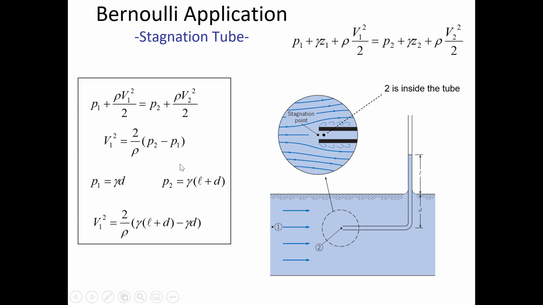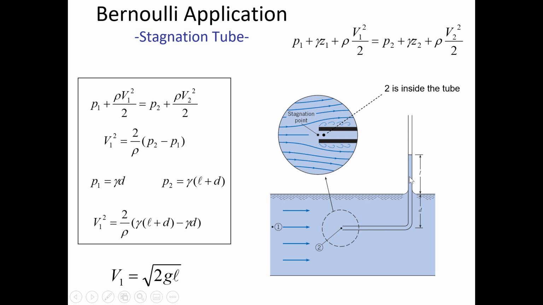So we substitute in our known pressure at 1, our known pressure at 2, and then cancel out like terms. This gives us that the velocity at 1 is the square root of 2g times L, some distance above the water level. So if we know the velocity at 1, we could calculate how high the fluid will rise in the stagnation tube.